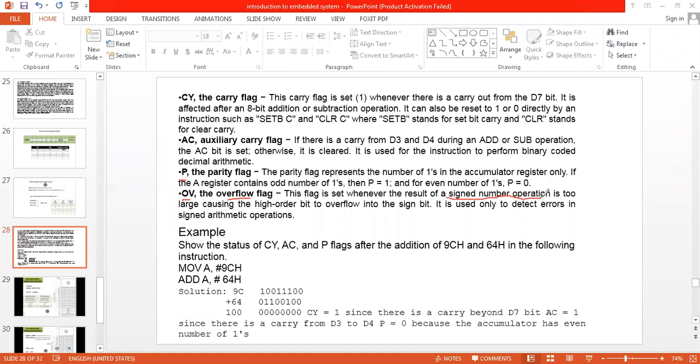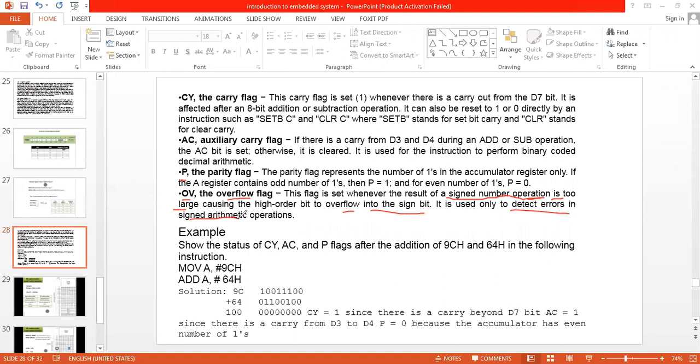An unsigned number has no sign; it is always a positive number from 0 upward. A signed number has a positive sign as well as a negative sign. Whenever signed operations are executed, it indicates the number is too large, crossing the range and causing the high order bit to overflow into the sign bit. So it is used only to detect errors in signed arithmetic operations.